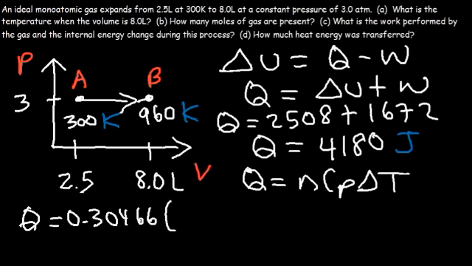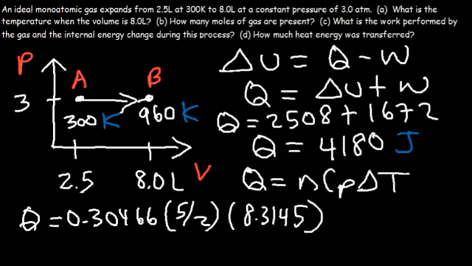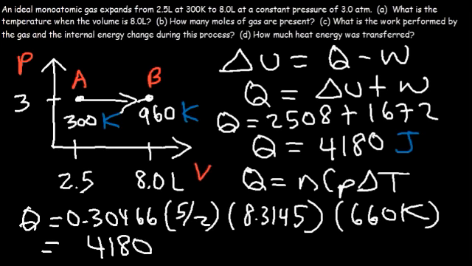Cp for a monoatomic gas is 5/2 times R. And delta T is 660 Kelvin. So this will also give you 4,180 joules, rounded to the nearest whole number.